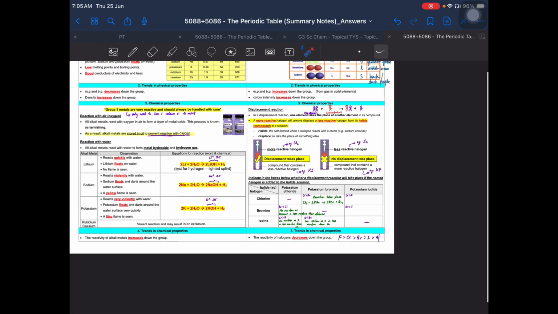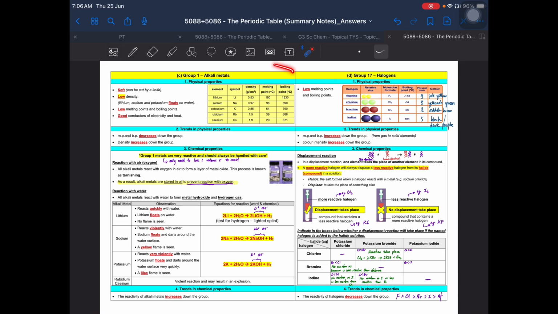Now, to zoom out to what page 2 is about, page 2 actually zoom into group 1 and group 17 in more details, and you realize that group 1 and group 17 are the more interesting elements in the periodic table because now they have reactions, they can show trends, they are more interesting, there's more colors, there's visuals to the reactions, right? Okay, remember to click on the link to the videos so you can examine to see what's going on.